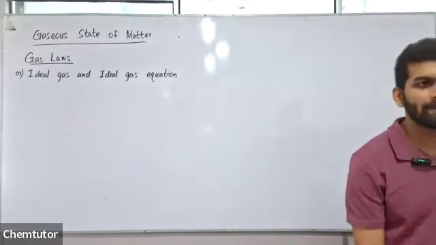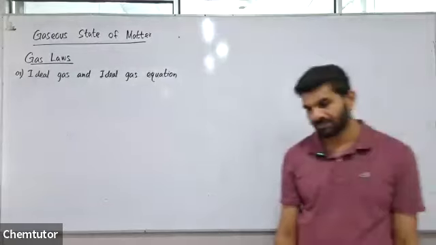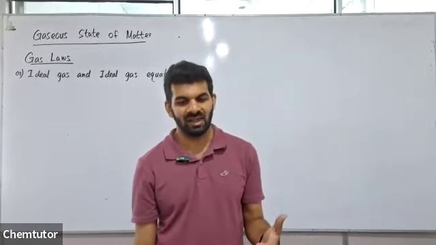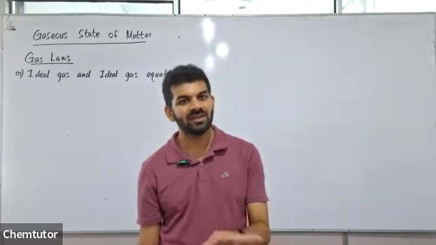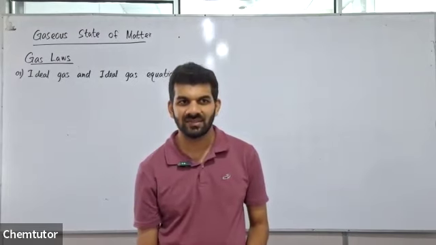But for our convenience, we consider real gases as ideal gases at some particular conditions, where they behave ideally. By assuming ideal behavior, we can apply the ideal gas equation to real gases.